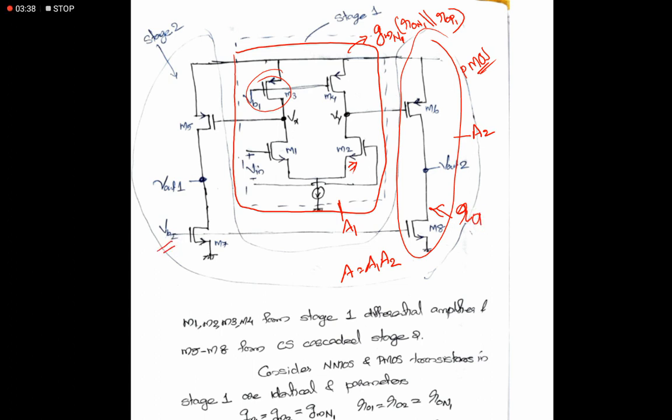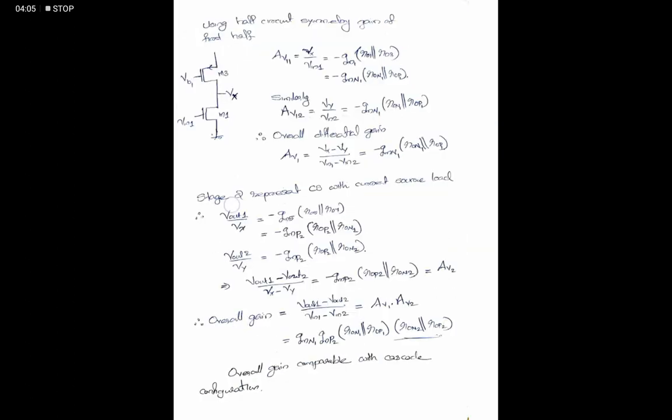So the gain is similar: GMP2 times R0P2 parallel to R0N2. If we multiply these two, we will get the overall gain. So this is the gain calculation.